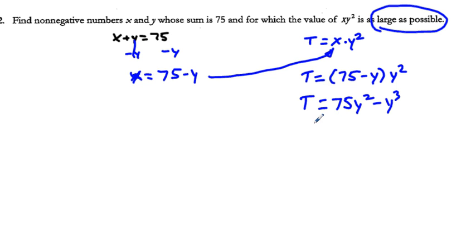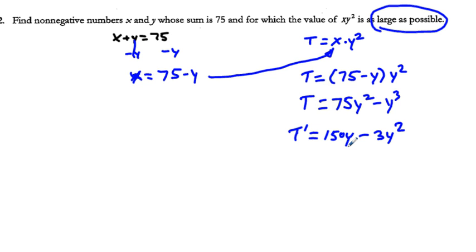And now we're going to try to optimize this function by finding a maximum or minimum to the function. And we want to find the maximum. Let's go ahead and take the first derivative, which we will call t prime, equals 2 times 75 is 150y, 2 minus 1 is 1, so y to the first power, minus 3y squared.